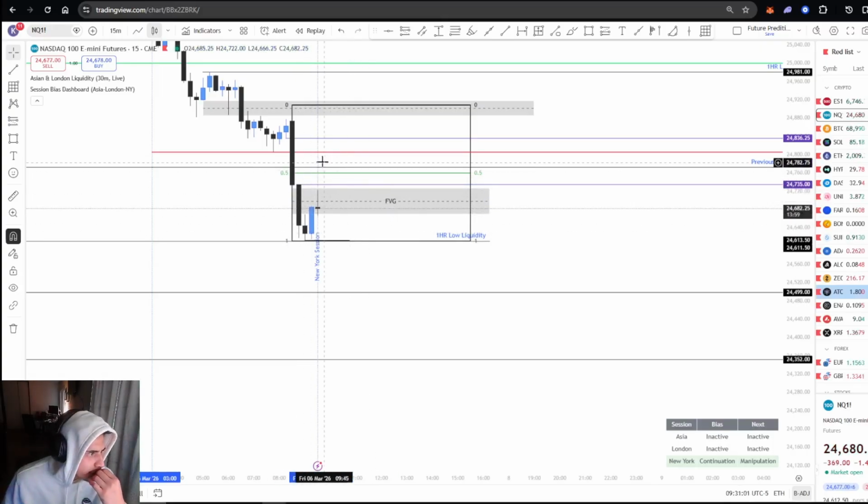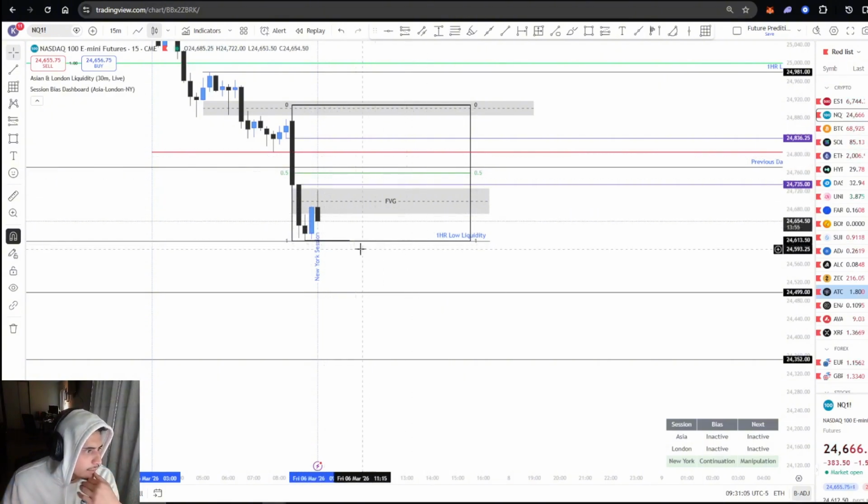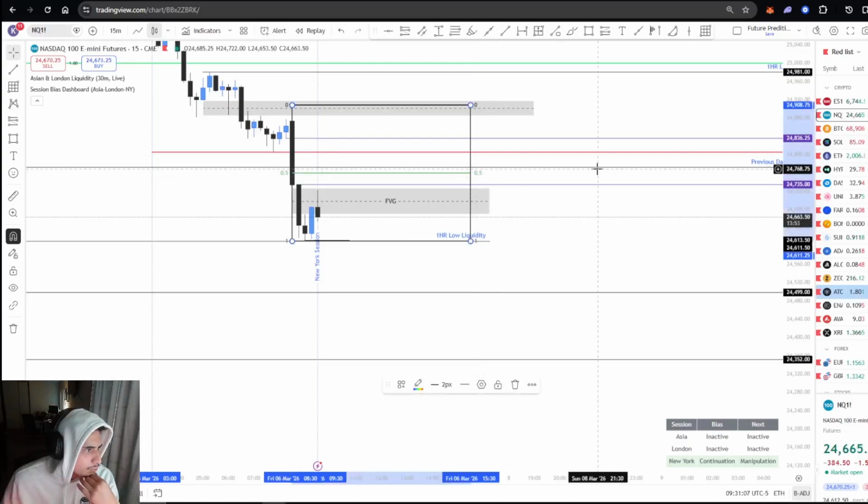I don't mind if it reaches down to this area and then pushes back down, but it's pushing down right now.